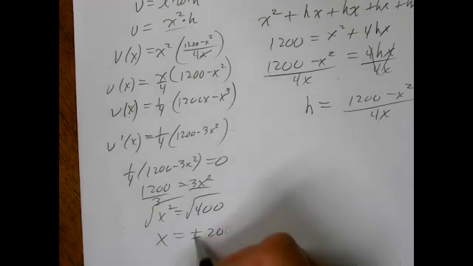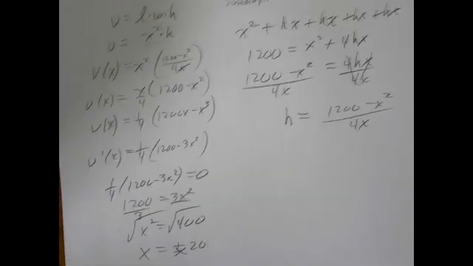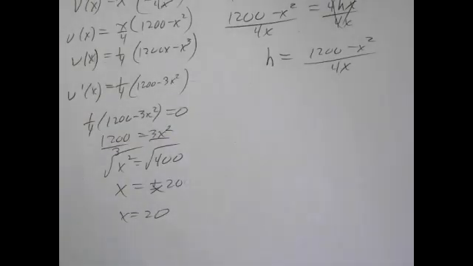So the negative is an impossibility. X equal 20 is my only critical number. All right, 20 is the only critical number that's actually useful, the only one that makes any sense whatsoever.